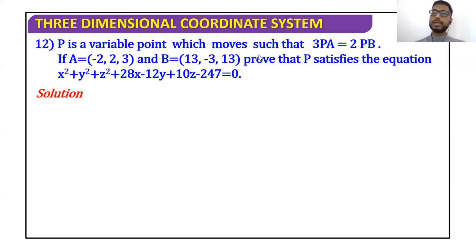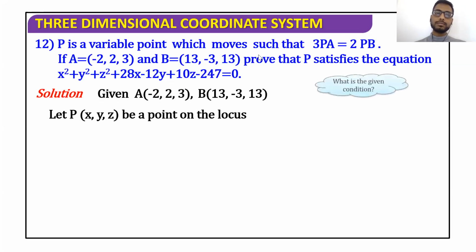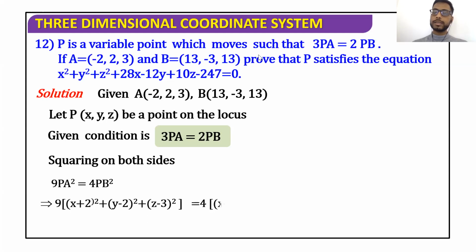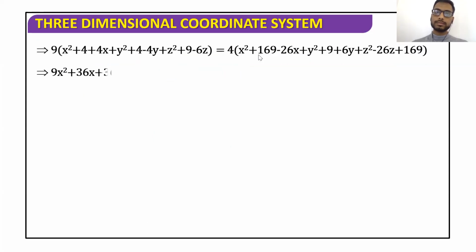As the condition is already given, 3 times PA is equal to 2 times PB, just apply your distance formula and equate them. Distance formula is in under root, so square and equate. Therefore, squaring on both sides and simplifying, I get my final answer.